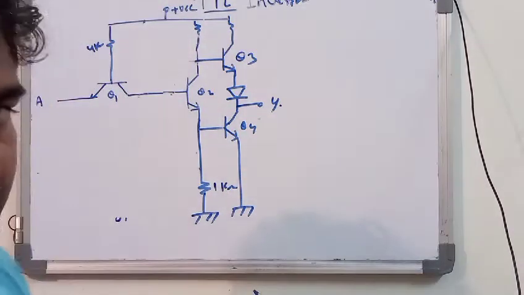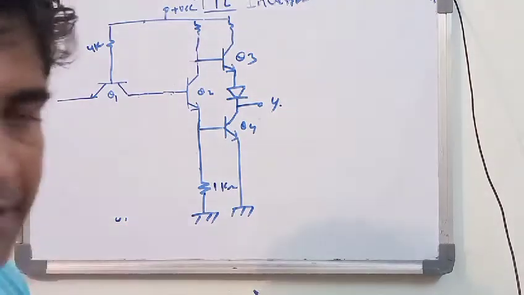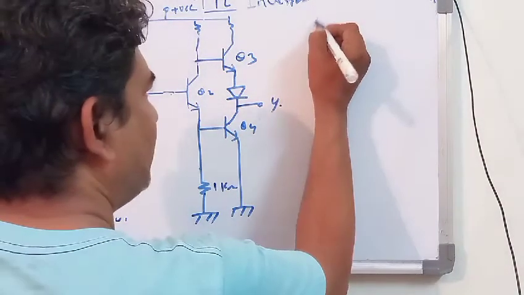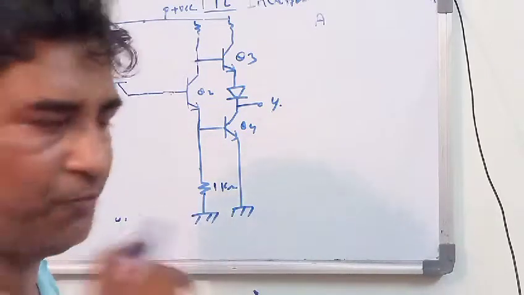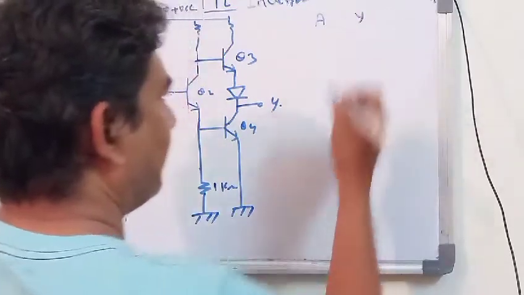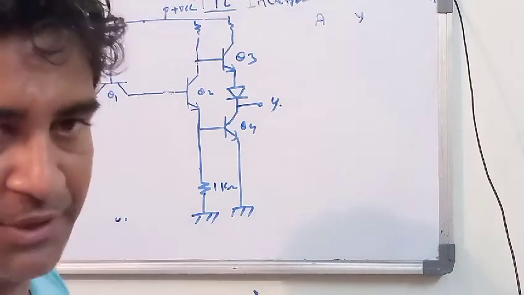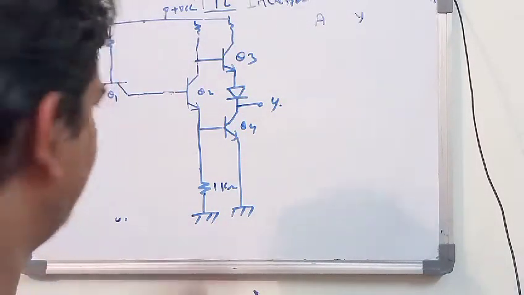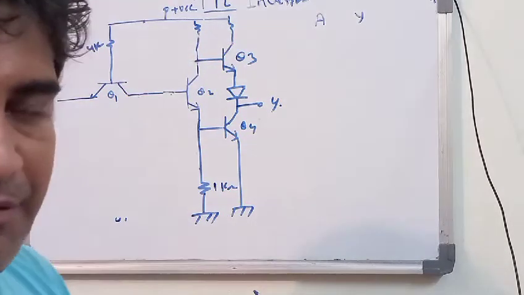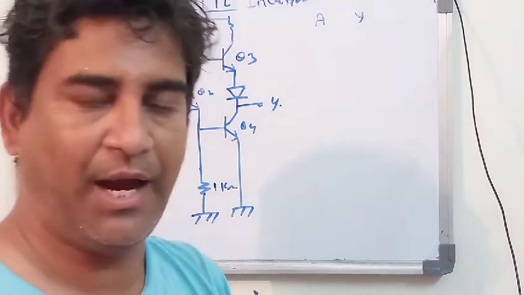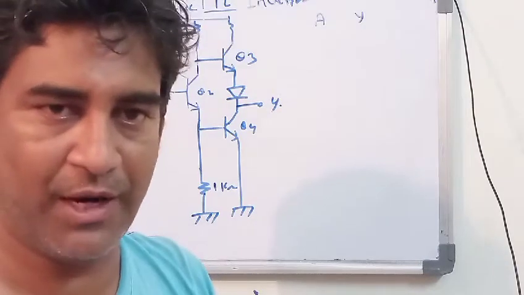Now according to the circuit, how many inputs are there? Only one single input, which is A, and the one output is Y. As the name suggests, it is an inverter, meaning Q1, Q2, Q3 and Q4 have to behave in such a way that with one input and one output, it is either low or high.